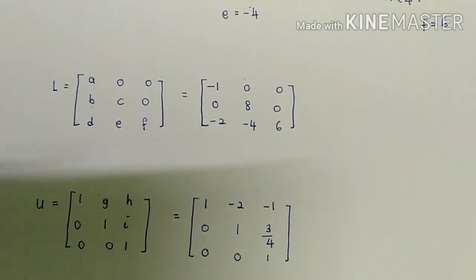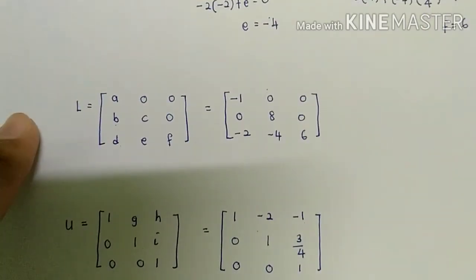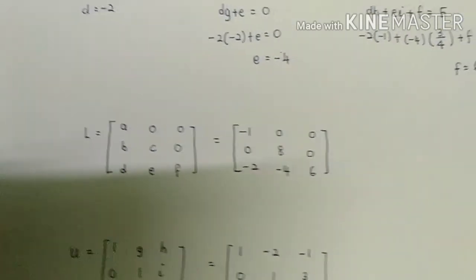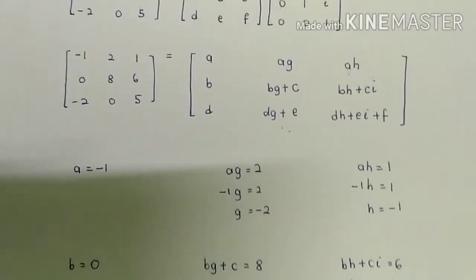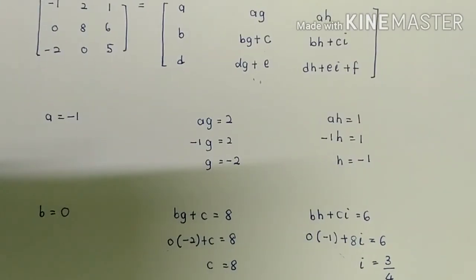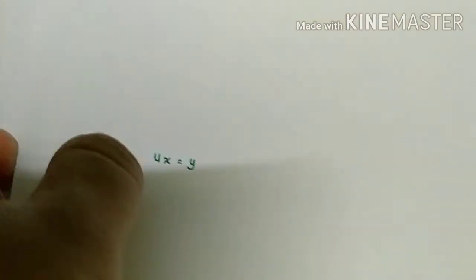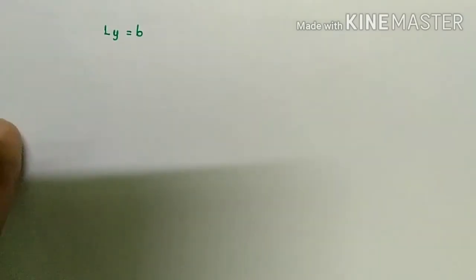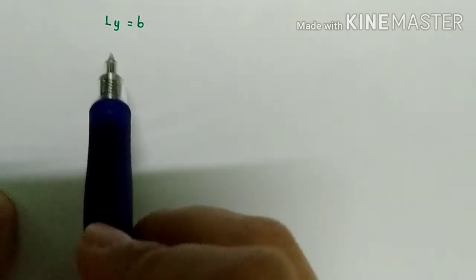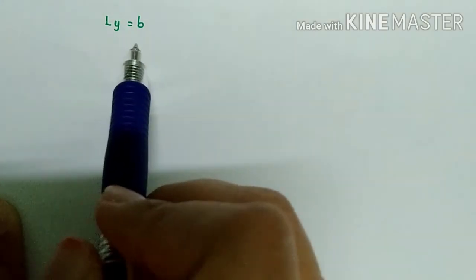Next step, after we get the matrix of L and matrix of U, so we can substitute into this formula. In my previous video I already shown how to get formula for Ly equals to B here.